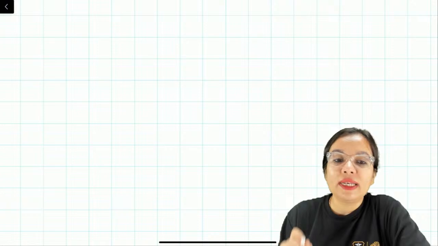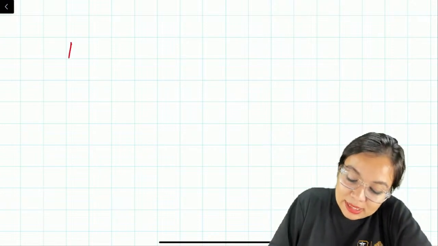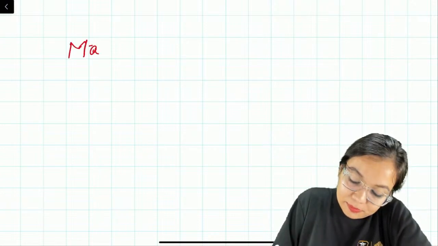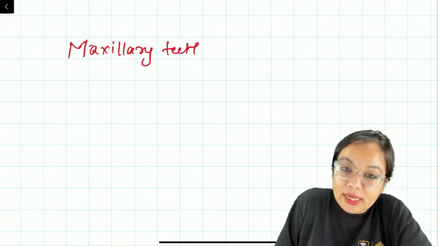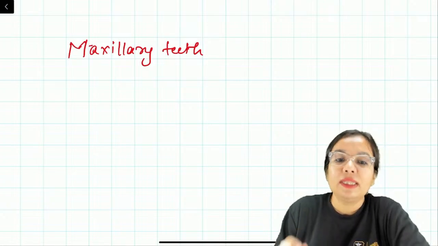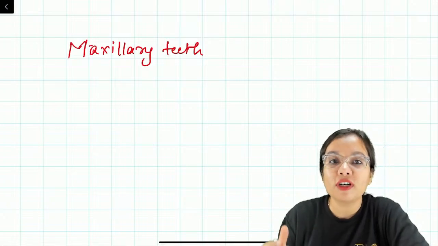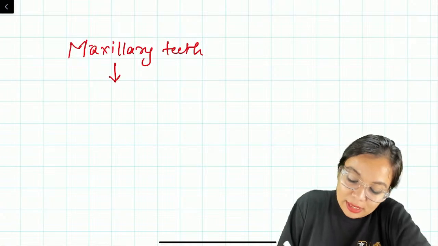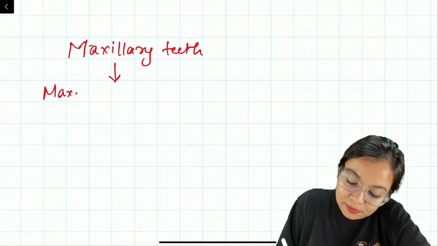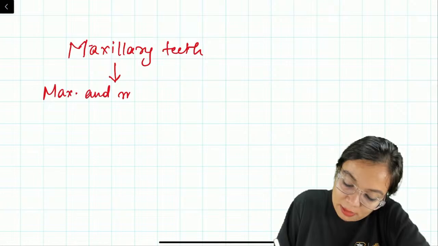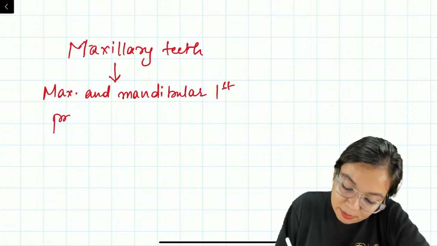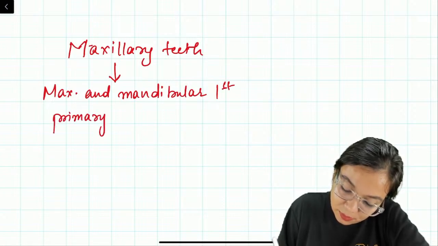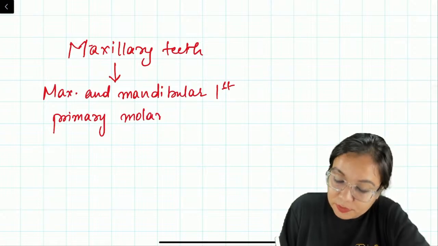So there is early carious involvement of the maxillary teeth, the maxillary incisors. Then it comes to the maxillary and mandibular first primary molars.